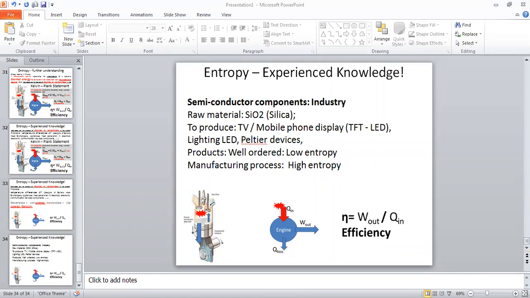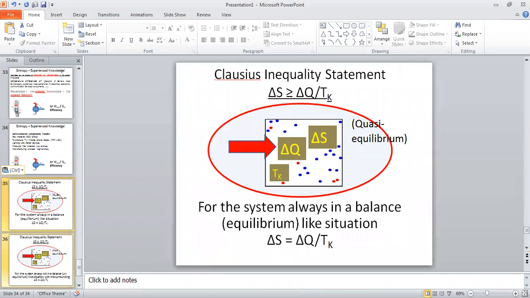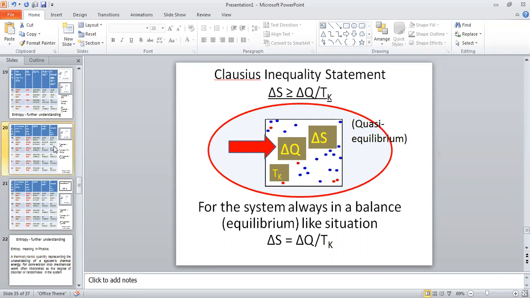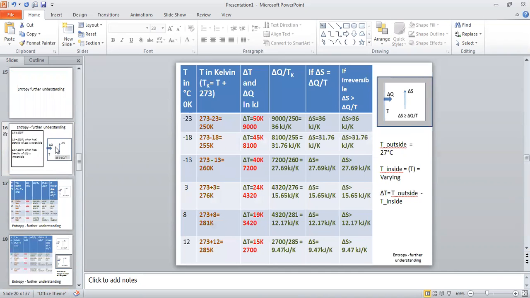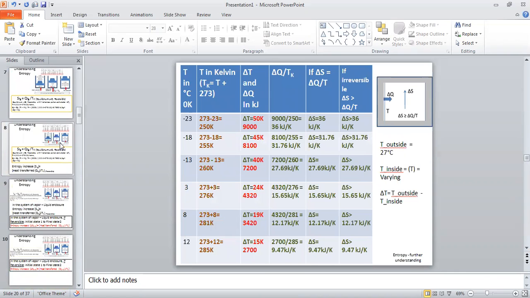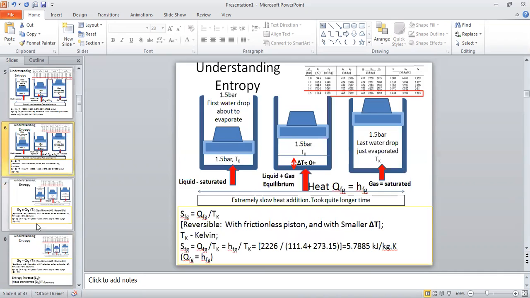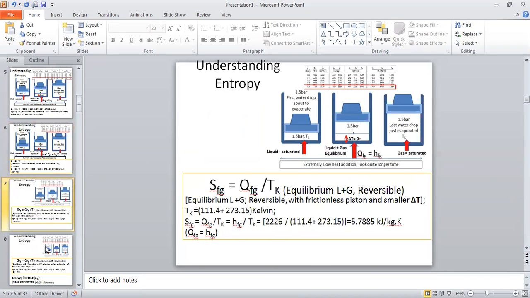And there is another note here. I just extracted it. Clausius inequality statement, even Clausius inequality, that should be somewhere in this presentation as well. Okay, Clausius inequality.